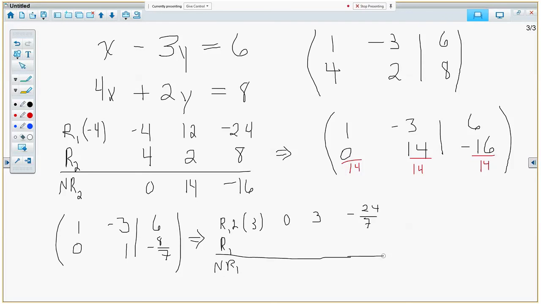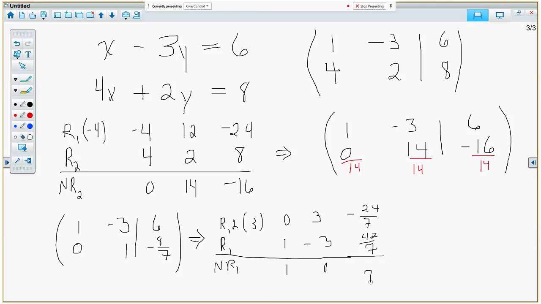Now I'm going to add 1, -3, and 42/7. Got to get a common denominator. 42 divided by 7 is 6. You get 1, 0, -24 plus 42 is what? It's over 7.